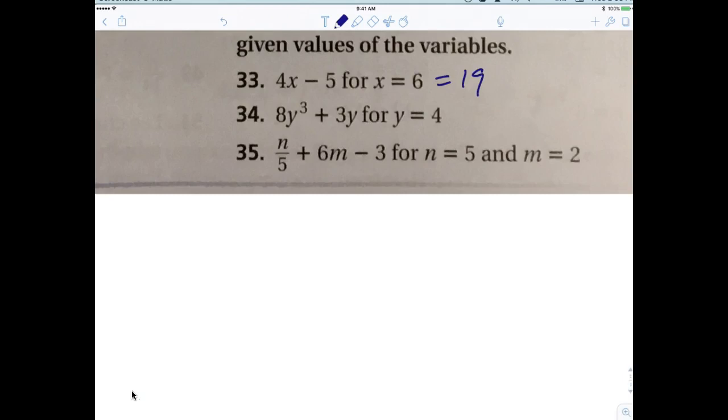Chloe, thank you. Okay. So now, what I would do right here is I'm going to write it out. 8 times 4 cubed plus 3 times, 3 times 4. Okay, so what do I have to do first?